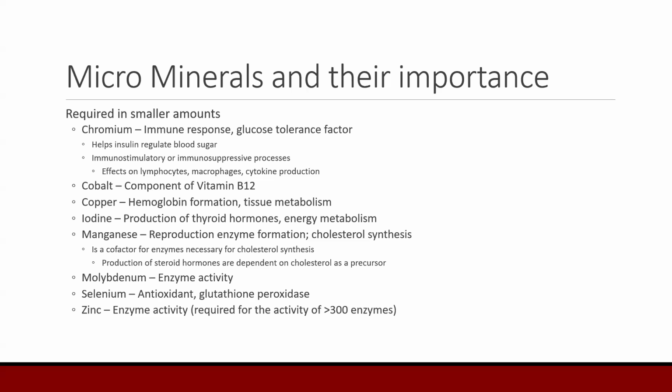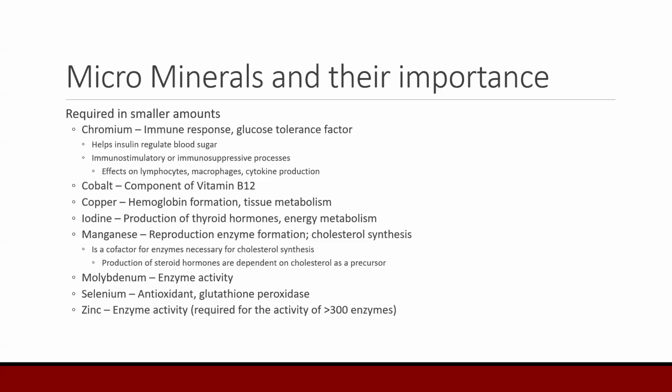Manganese is important for reproduction, enzyme formation, and cholesterol synthesis. Manganese is actually a cofactor for some of these metalloenzymes that are needed for cholesterol synthesis, and cholesterol is a precursor for steroid hormones, so testosterone and estrogen. Molybdenum is important for enzyme activity.